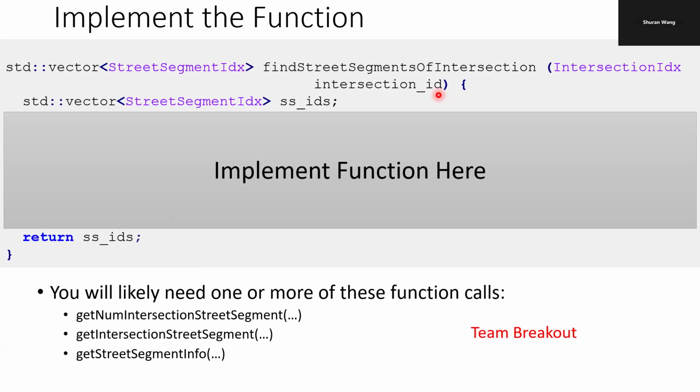So we're given the intersection index, and we want to find the street segments connected to it.